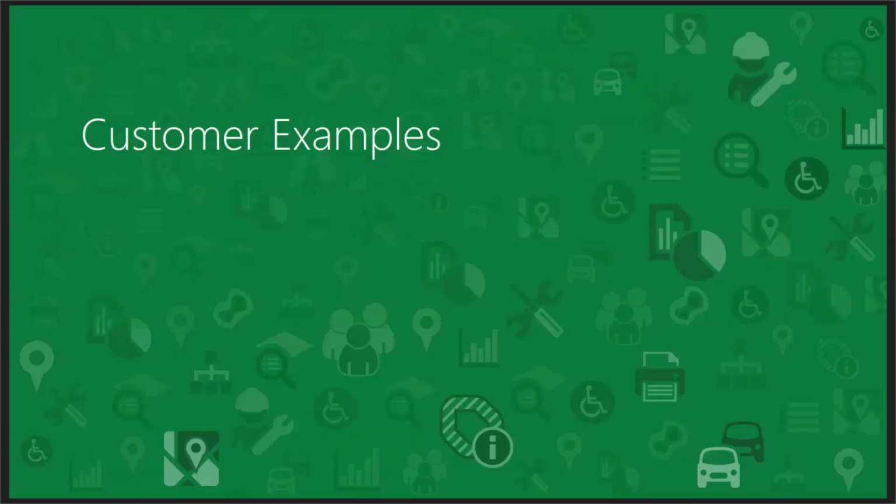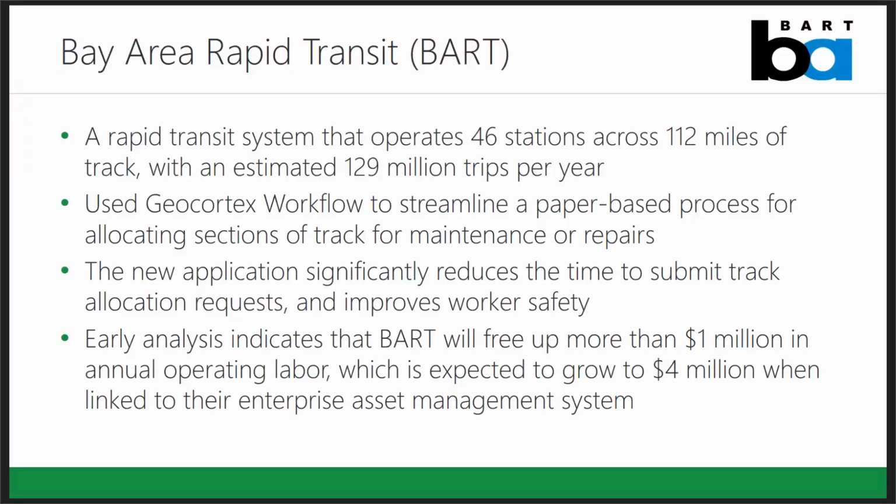Workflow has been used by our customer base for several years, and we've got some great examples of where customers have saved money and time by using workflow technology in their environments. There's a couple that I'd like to highlight, starting with Bay Area Rapid Transit. If you've ever traveled down to the Bay Area, San Francisco, for example, you've probably ridden one of these rail stations.